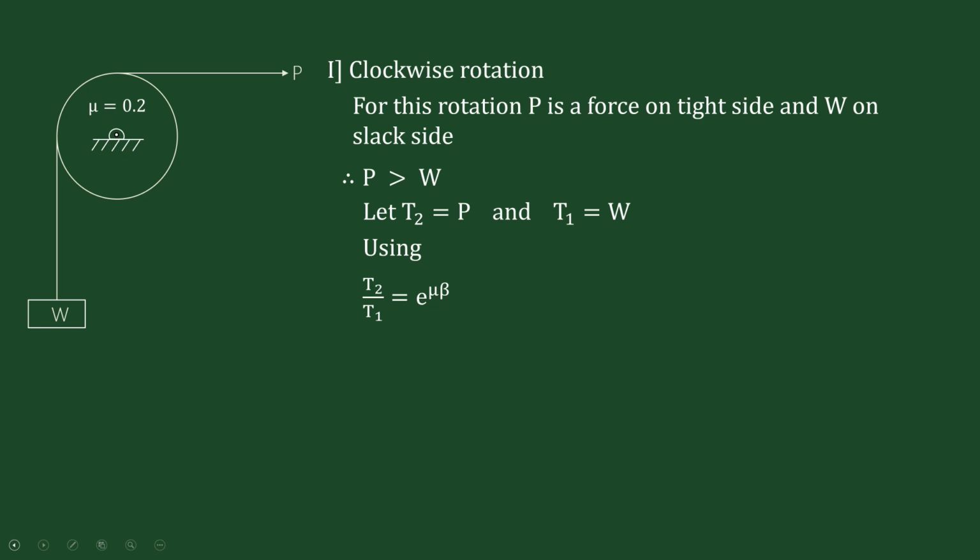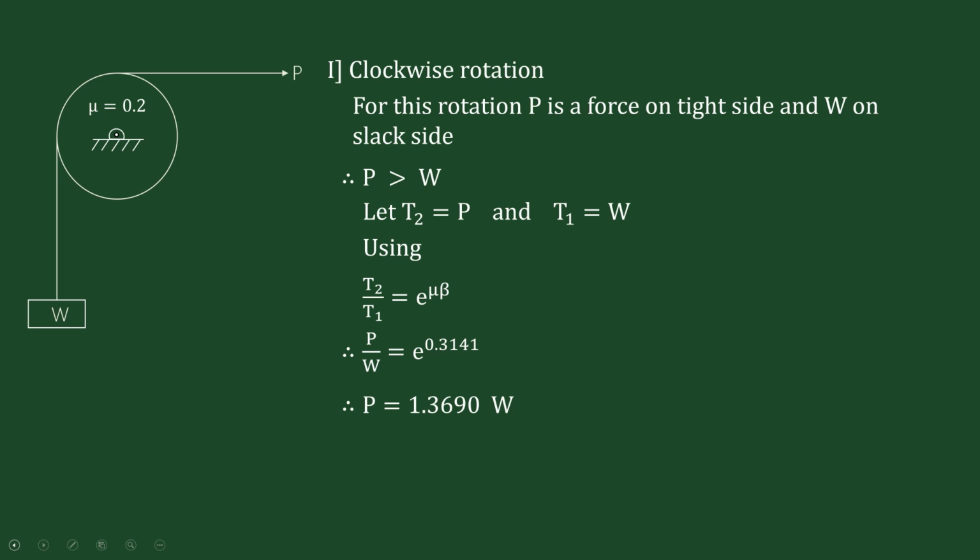So, we can replace T2 by P and T1 by W, and e raised to mu beta is e raised to 0.3141. Find out the value of that exponential term, then transfer W to other side, so that we get the value of P as 1.3690 times W. Exact value of W is not given, means we have to give the answer in terms of W only.